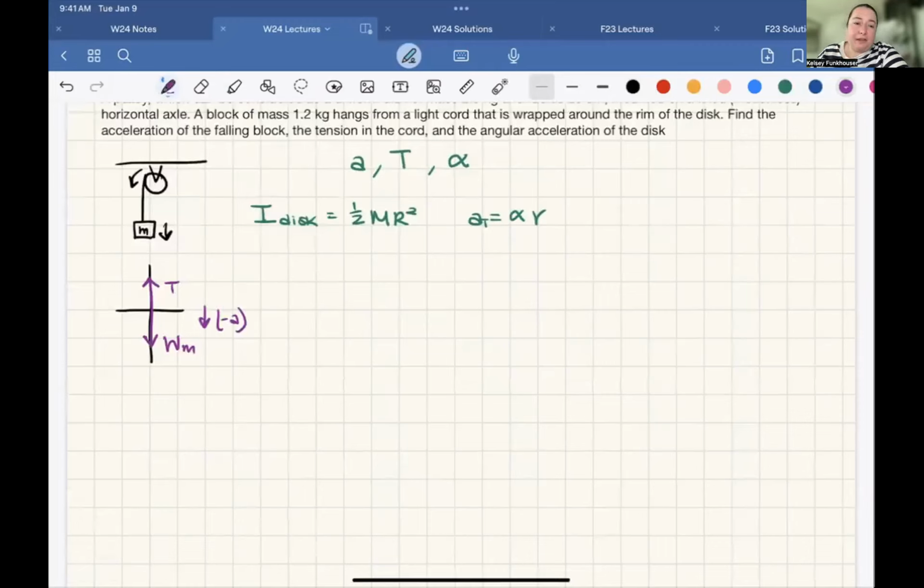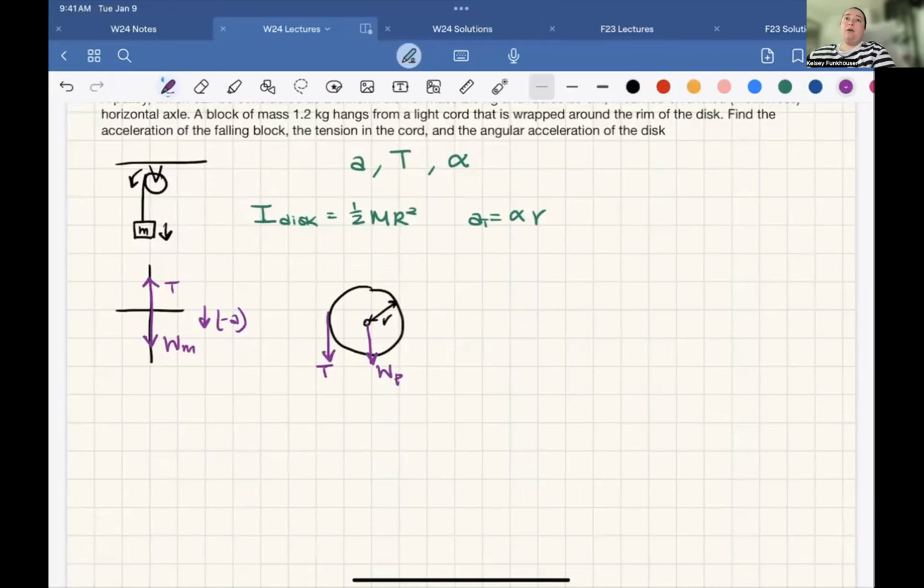The lovely picture I drew, and also the picture in the slides for this one, indicates the direction of the acceleration, which is down. Now we'll do the extended free body diagram of the pulley, which has a radius r. And so there is its weight force, weight of the pulley, but that's acting from the pivot point, so it's not going to contribute to the torque. But then we have the tension also.